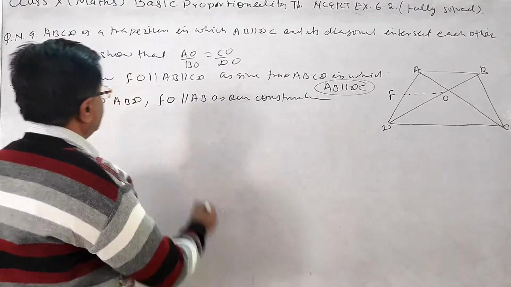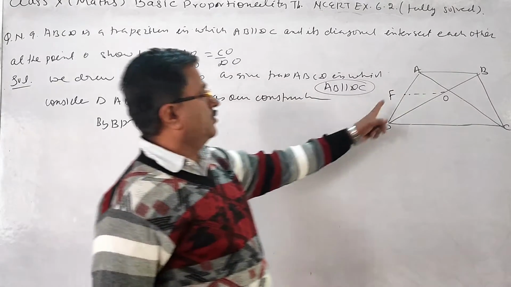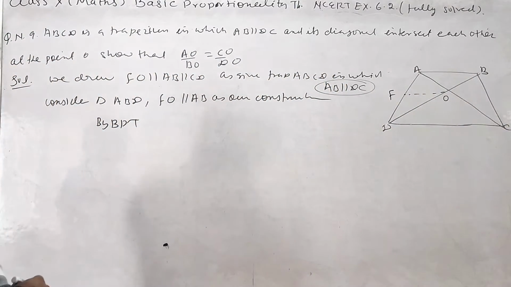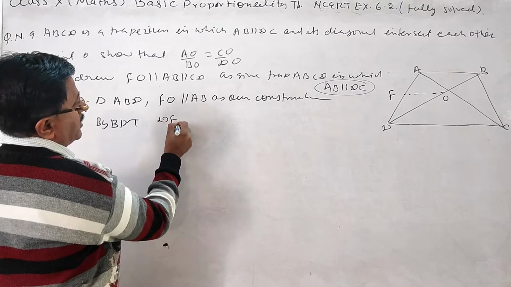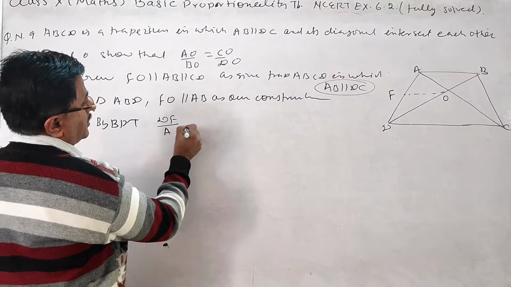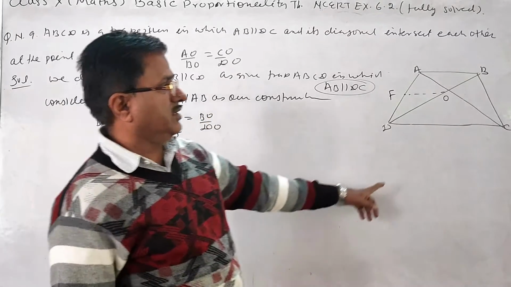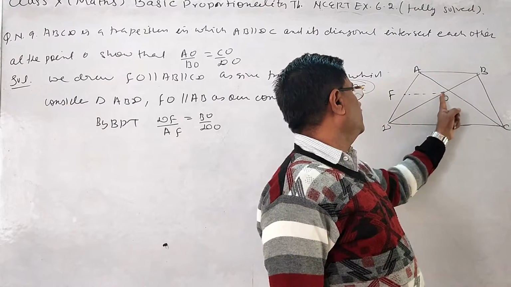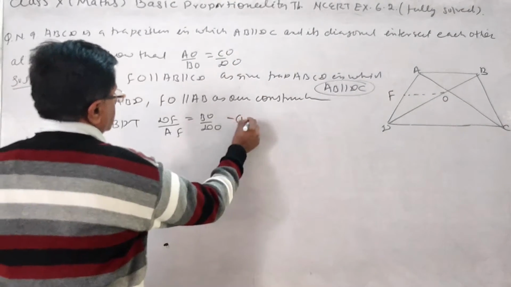So why? By the basic proportionality theorem, what does it say? If FO is parallel to AB, then DF upon FA is equal to DO upon OB. See very carefully. DF upon FA equals DO upon OB. The order will be the same. So this is equation number 1.